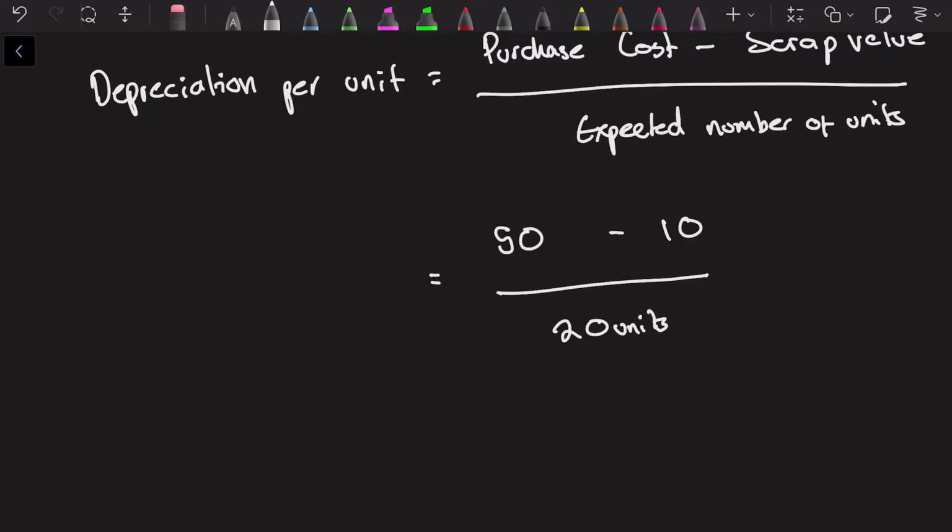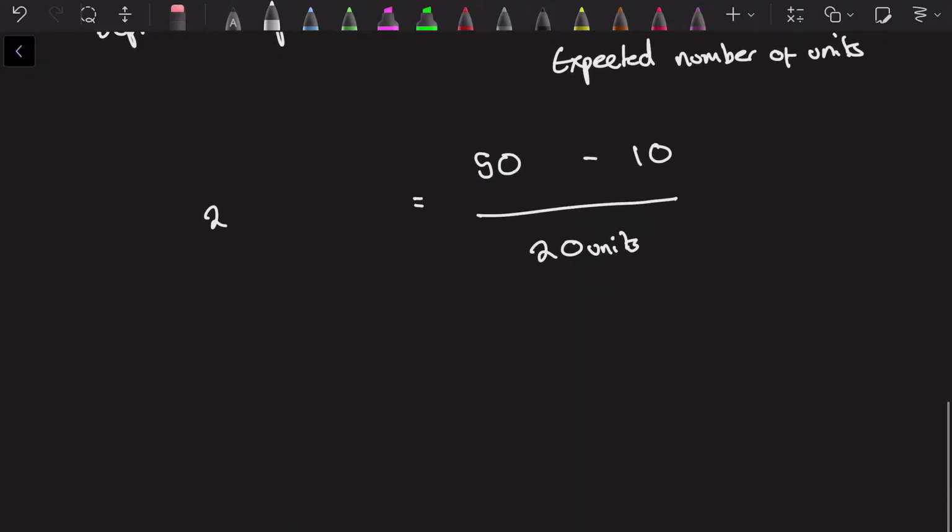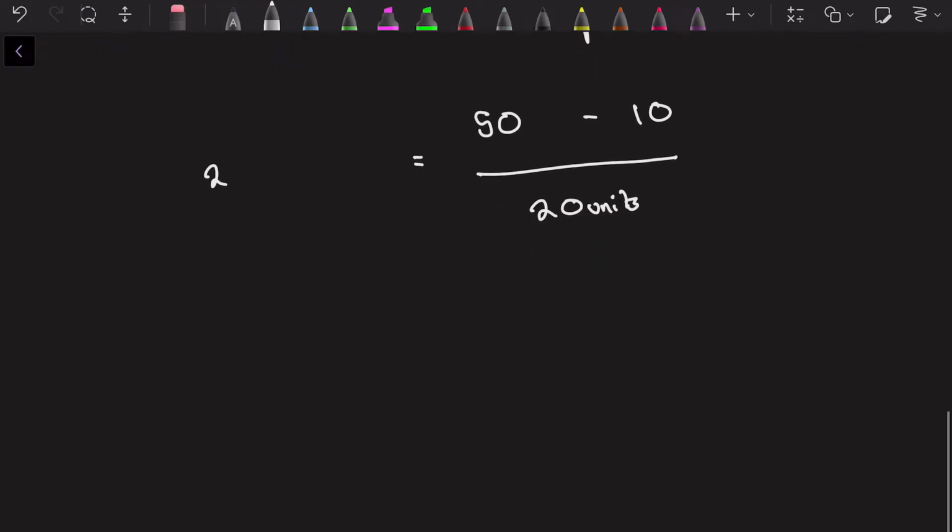And my depreciation per unit is 40 over 20, which is 2. So in the context, that means that every toy my machine pumps out, the value of that machine drops by $2.